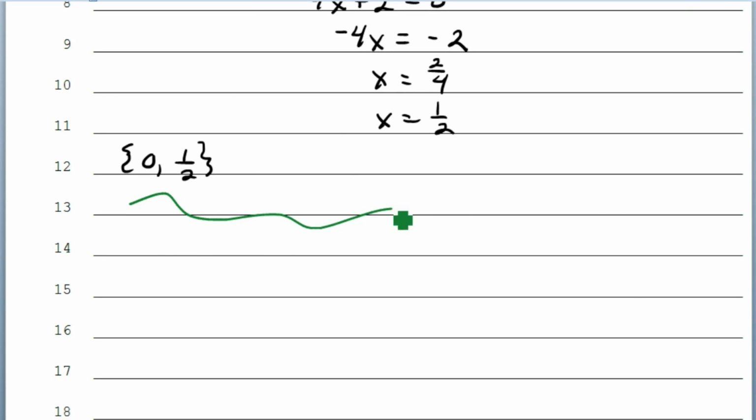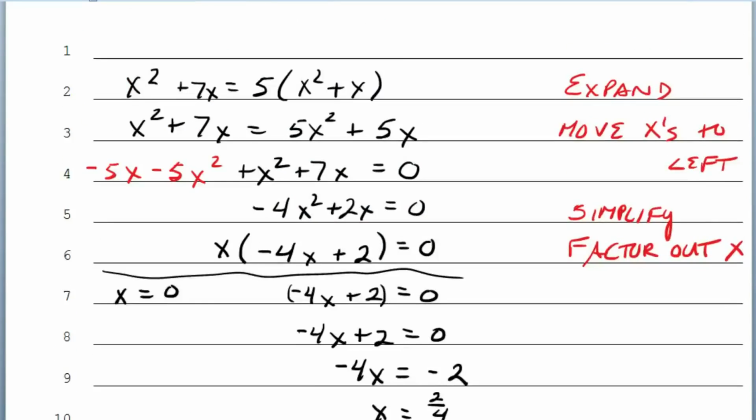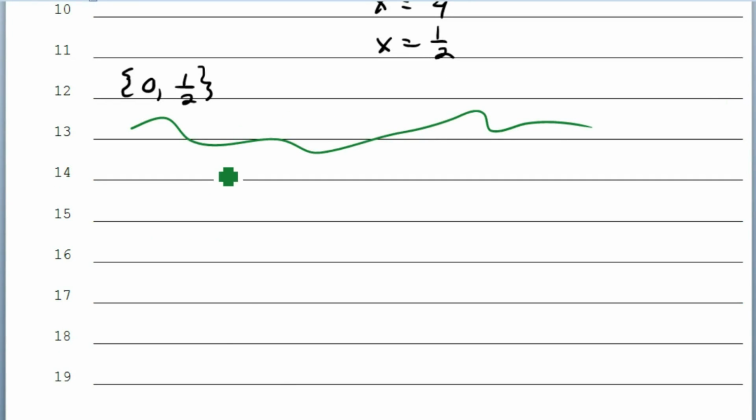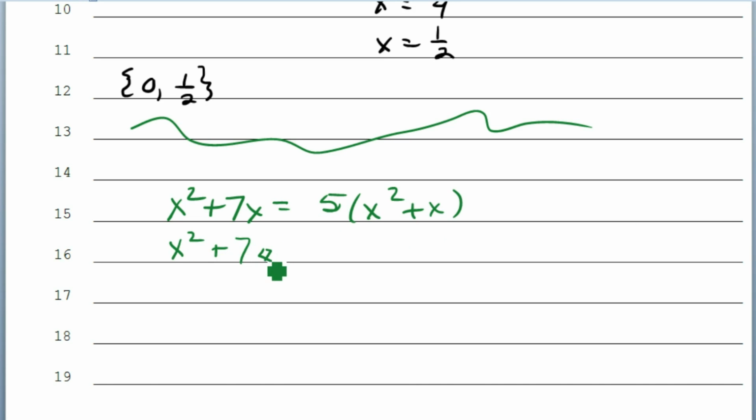And check. It's obvious x equals 0 is true. What if we have x equals 1/2 in the original equation? x squared plus 7x equals 5 times the quantity x squared plus x. You can distribute out this side here. It'll be a little bit easier to check.